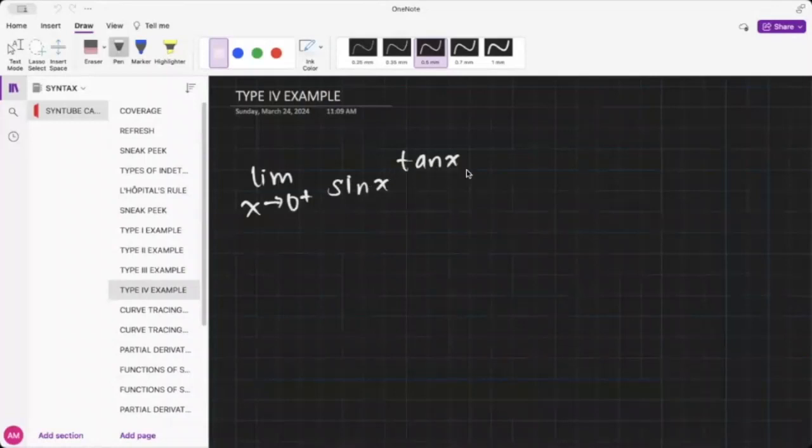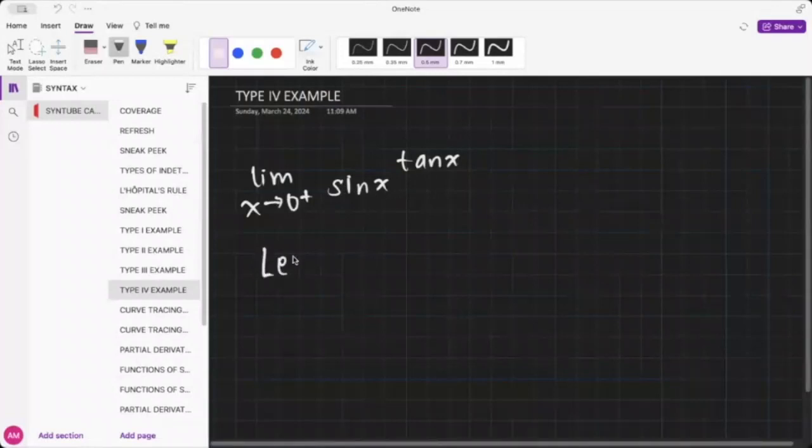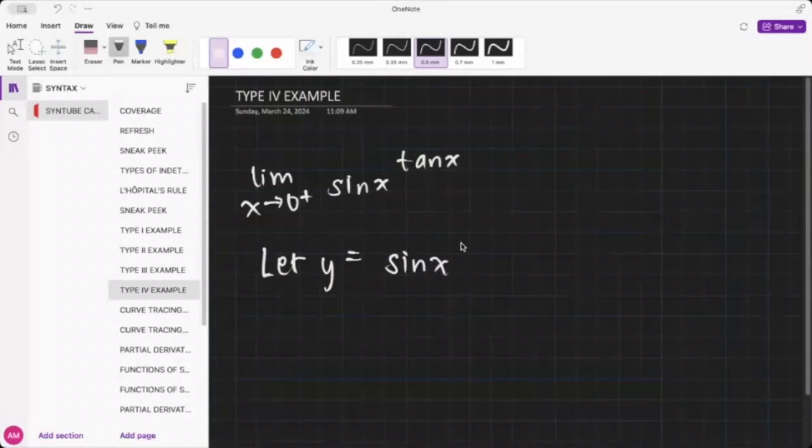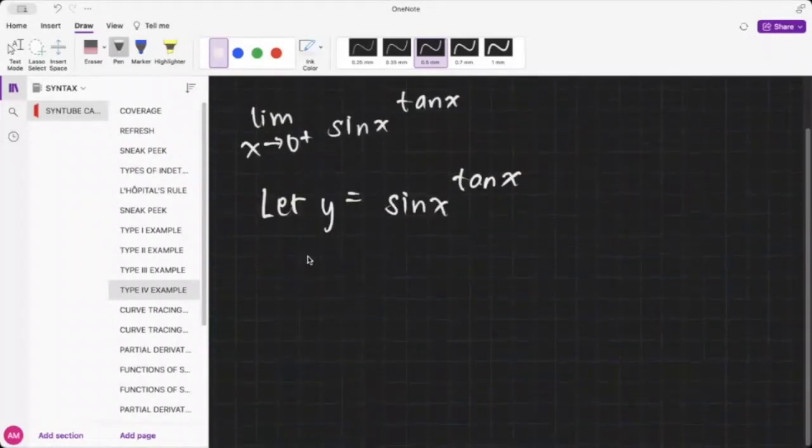So, here, we'll first express this thing in terms of y. So, let y is equal to sine of x raised to tan of x. Then, if you remember, in long quiz 3, we discussed logarithmic differentiation. And we'll do that here so that the exponent comes down.